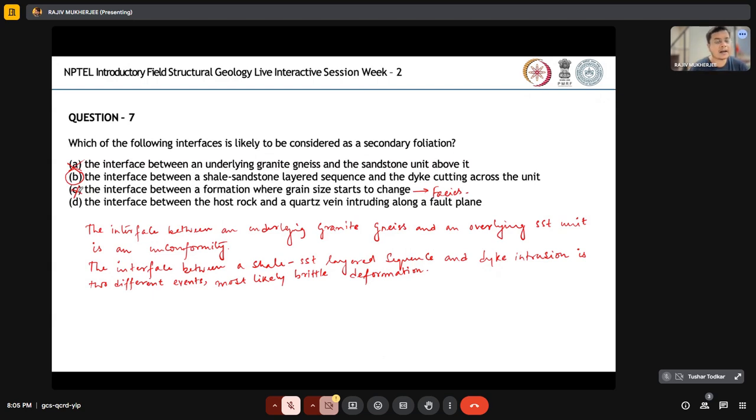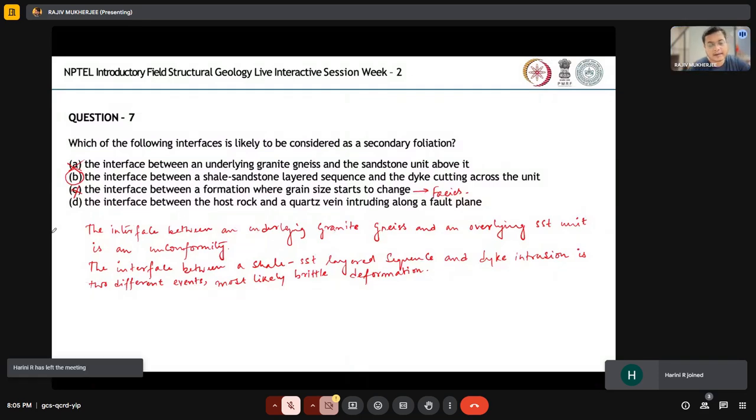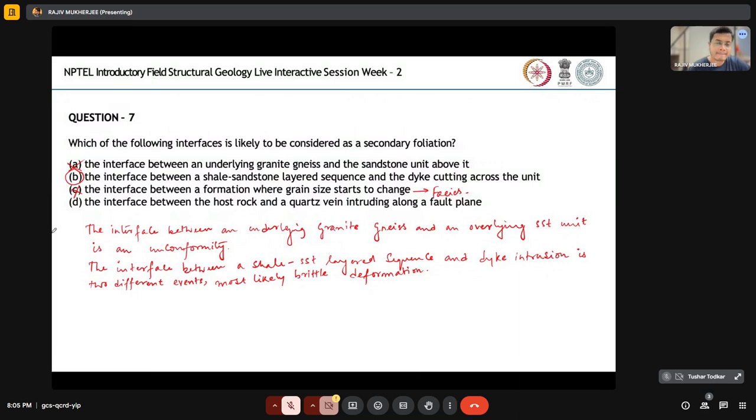involves a tectonic process, therefore intrusion of quartz veins along the fault in a host rock would definitely indicate that some deformation is being localized where the quartz veins are intruding.